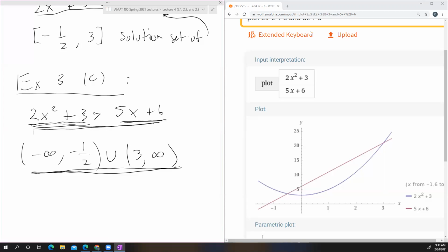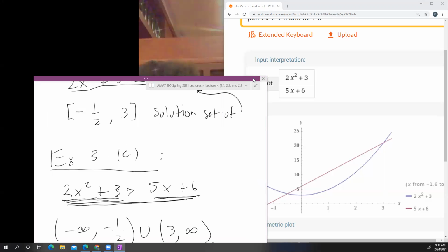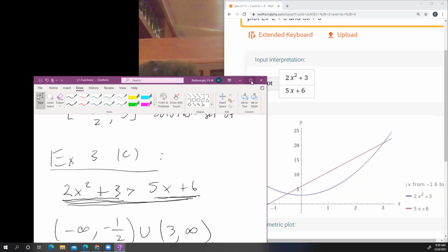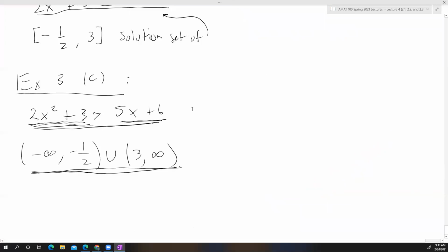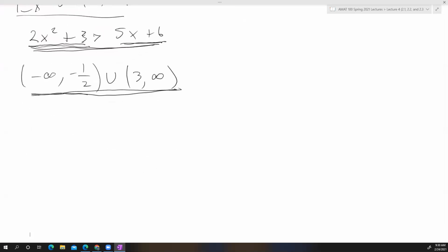So the next thing I want to talk about, so this was solving equalities and inequalities geometrically. The next thing I want to talk about are minimums and maximums, and where functions are increasing or decreasing.